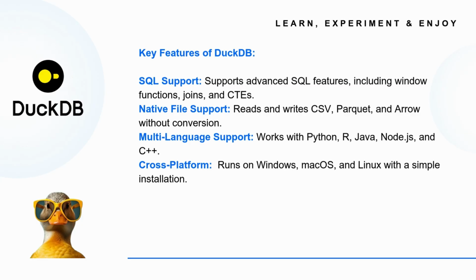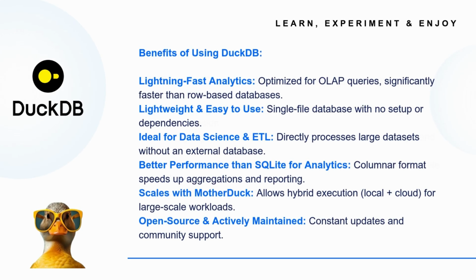Now that we've covered the key features, let's talk about why you might want to use DuckDB in your projects and how it can benefit your workflow. The most immediate benefit you'll notice is lightning-fast analytics. DuckDB is optimized specifically for OLAP queries, that's online analytical processing.